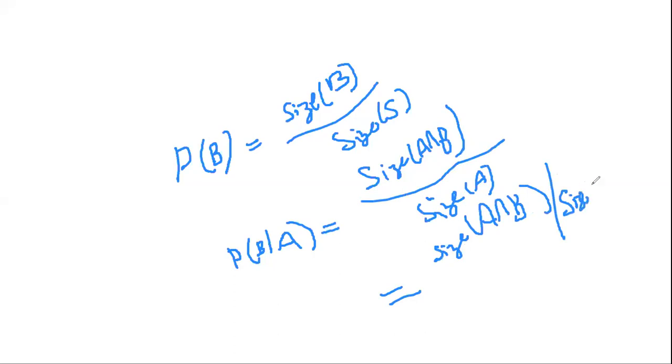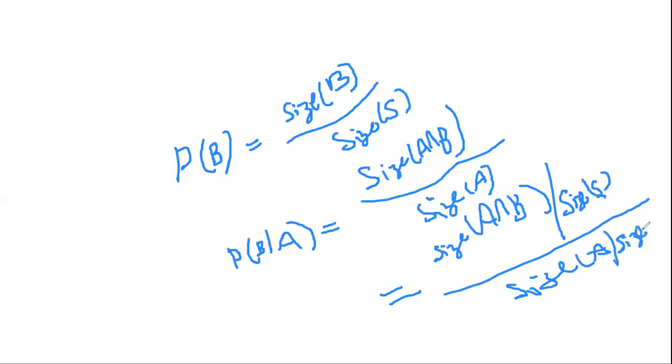Now can you tell me what is size of A intersection B by size of S? What is probability of B? Probability of B is nothing but size of B by size of S. Now size of A intersection B by size of S is what?